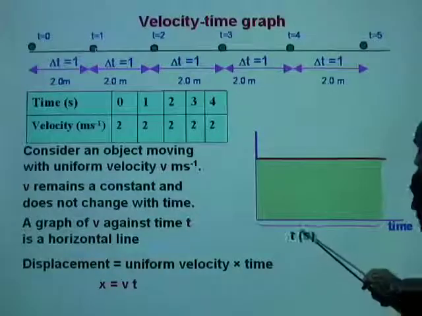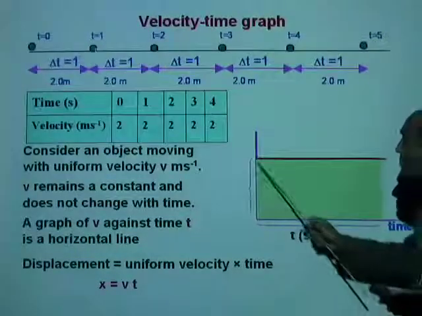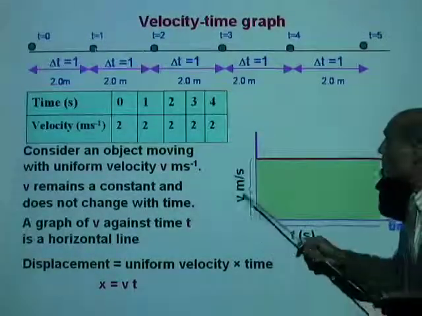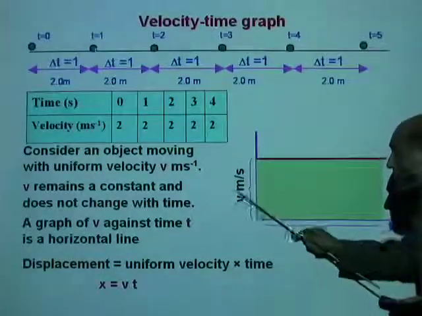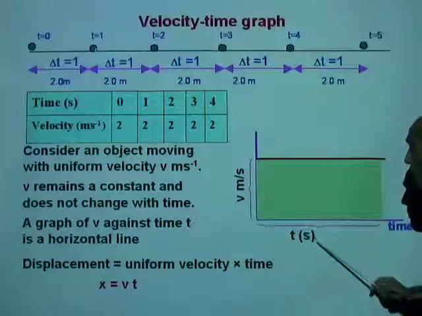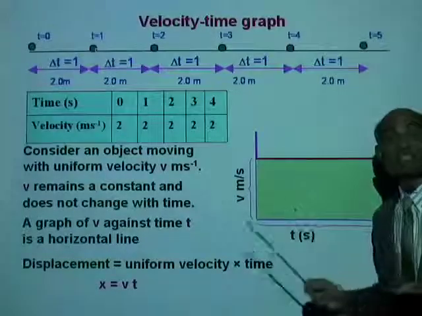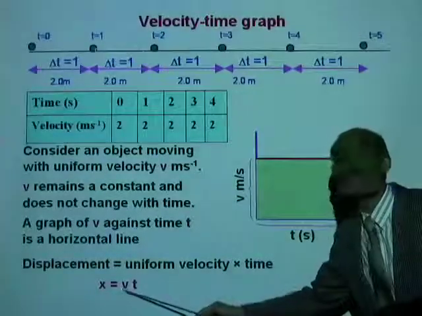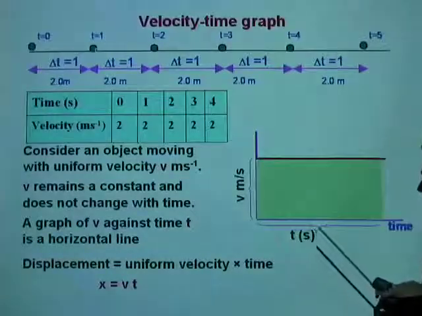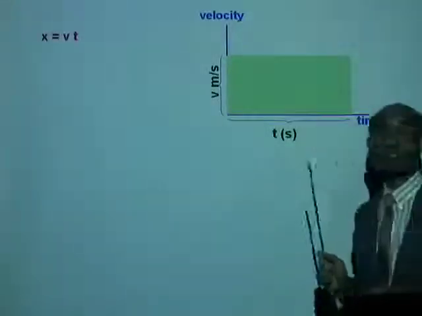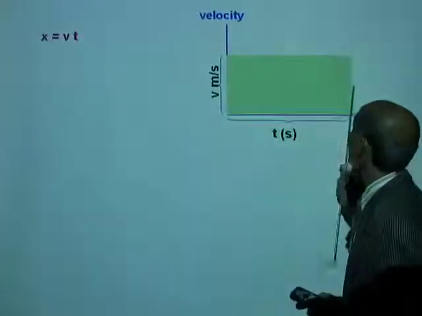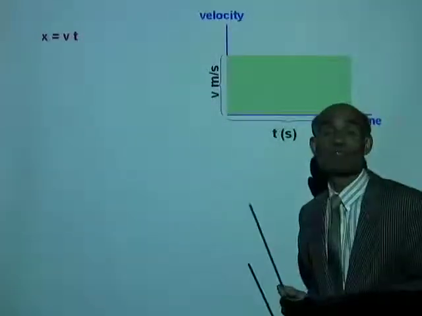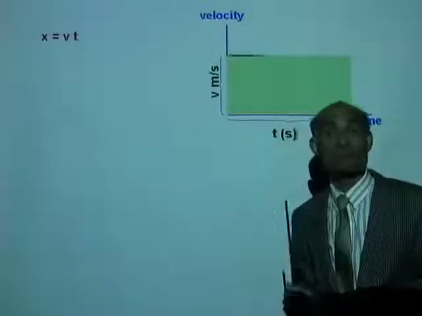That means if the length is t seconds and the width of the rectangle is v meters per second, what does v meters per second multiplied by t seconds represent? What is v multiplied by t? Let's do it in the next slide. V multiplied by t gives you the area of the velocity time graph.